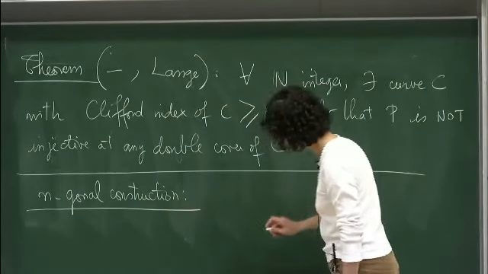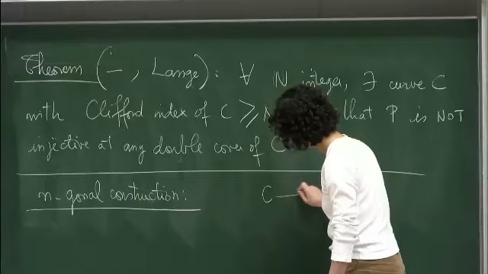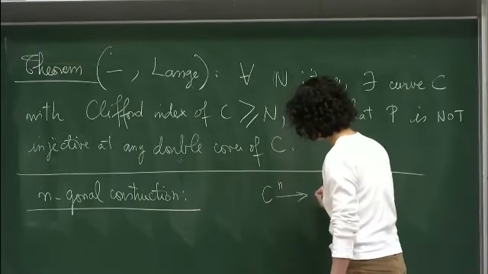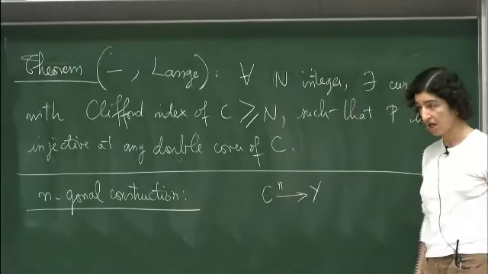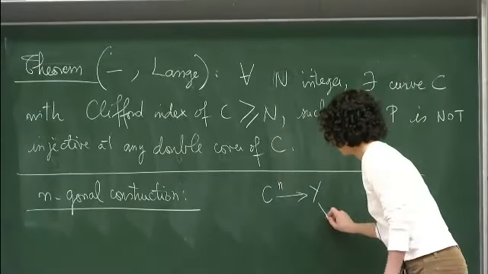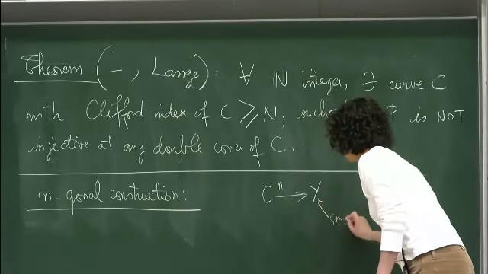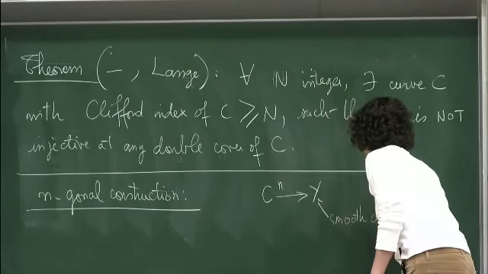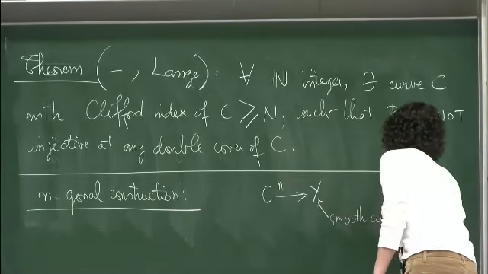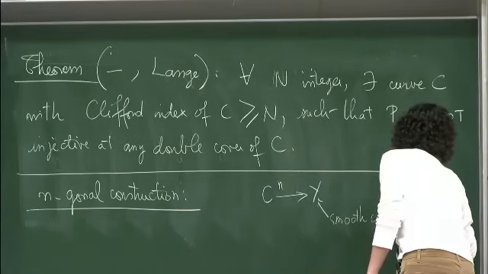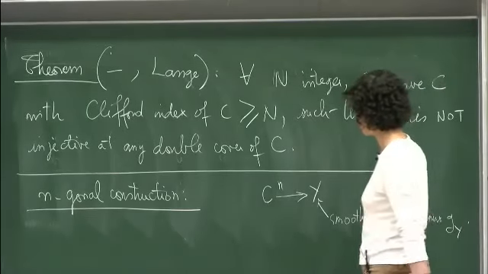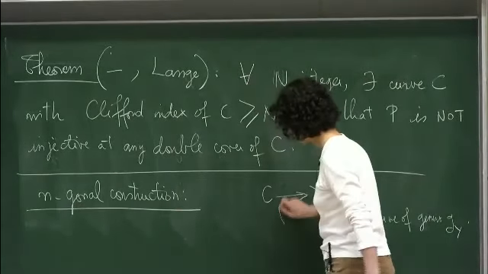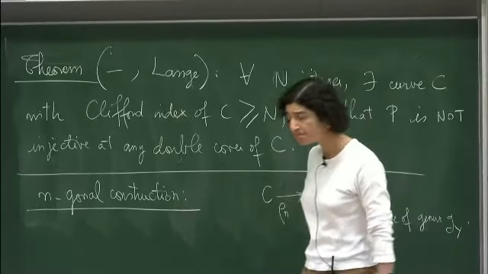You start with a curve C, which is an n-sheeted cover of another curve Y. So this is just any smooth curve of genus g_Y. I will call this map rho_n.